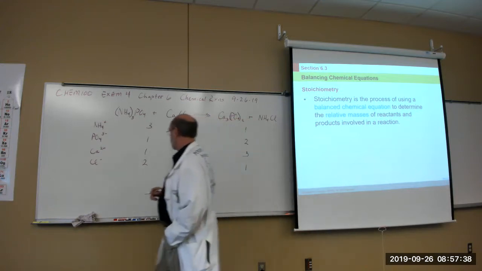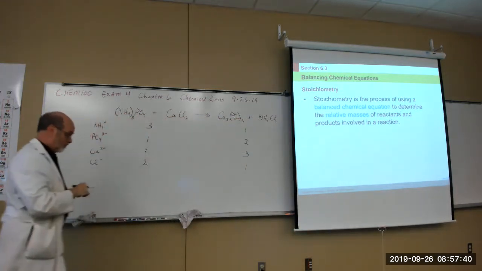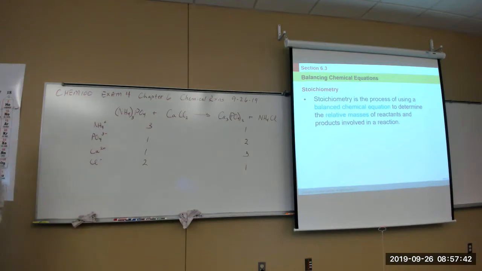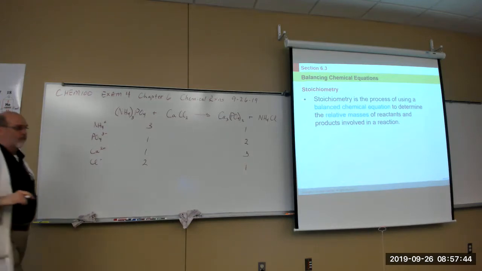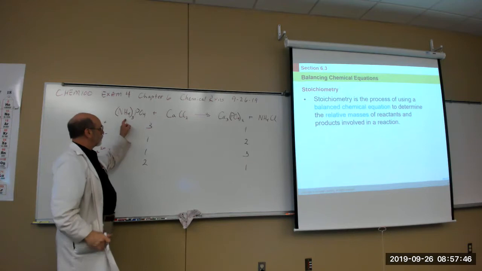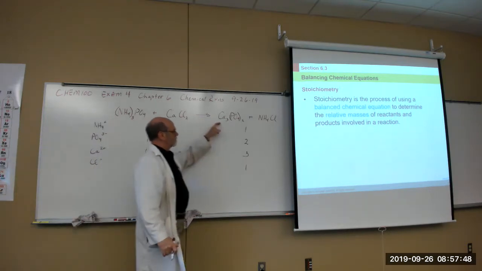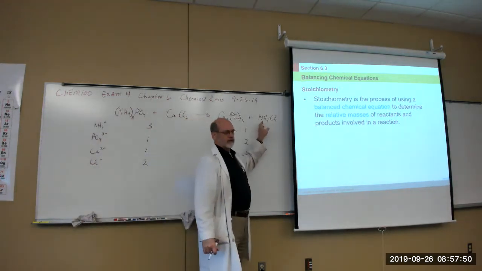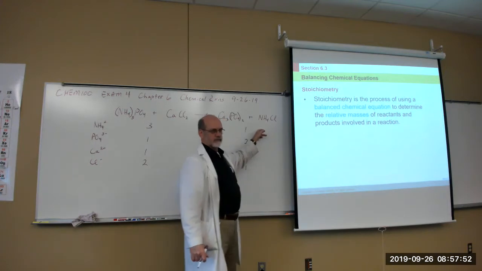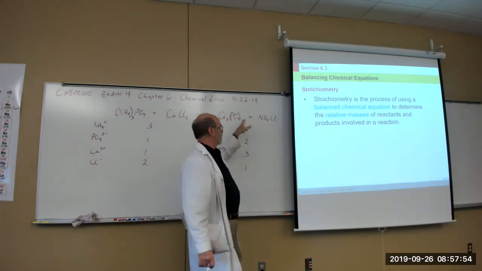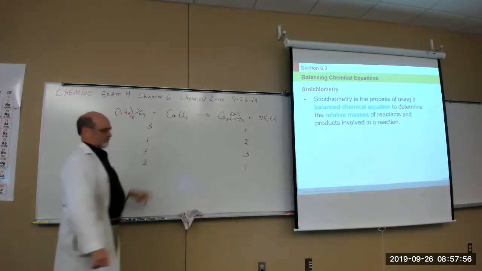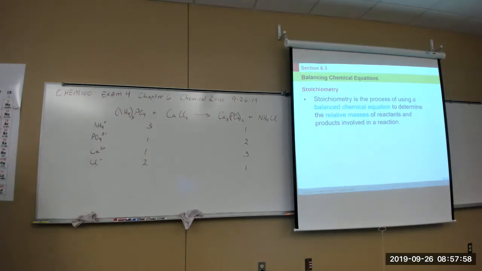There we go. Now, we can see at a glance that that equation is not balanced. But the first step we went through was correctly writing the compounds. Get their formulas right. If you can't make it past that step, then you'll never balance.